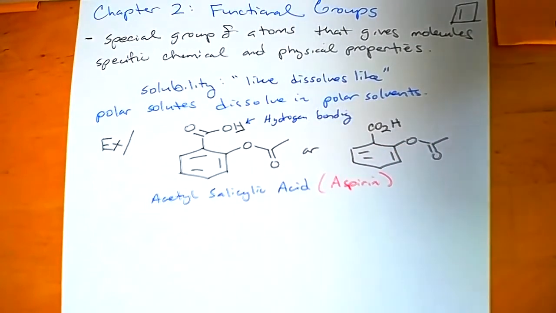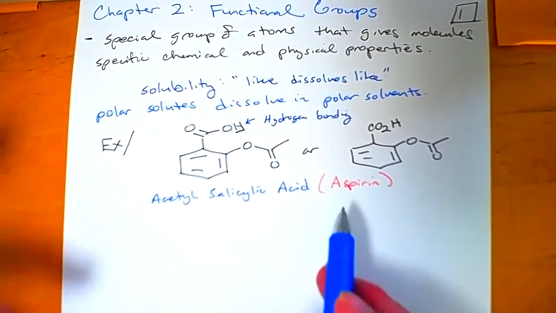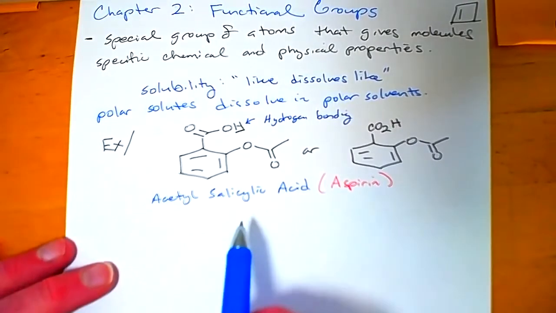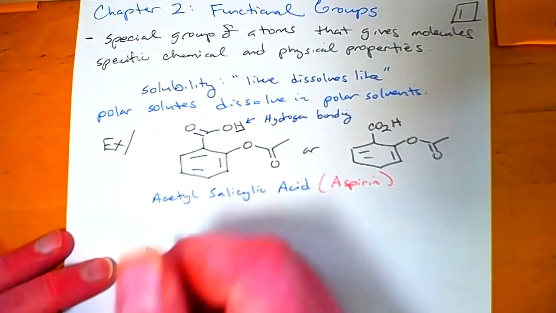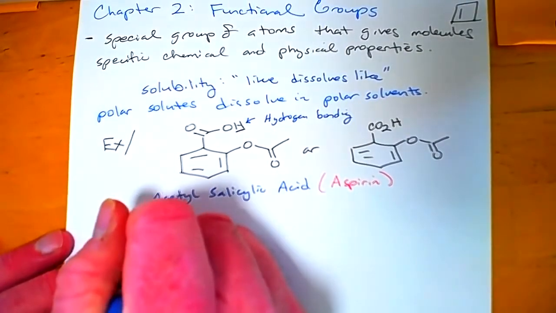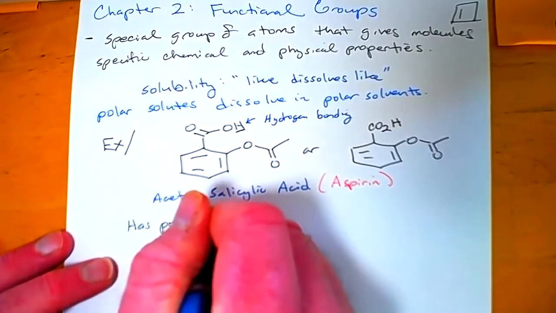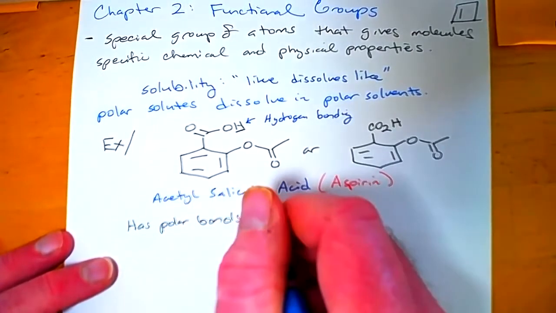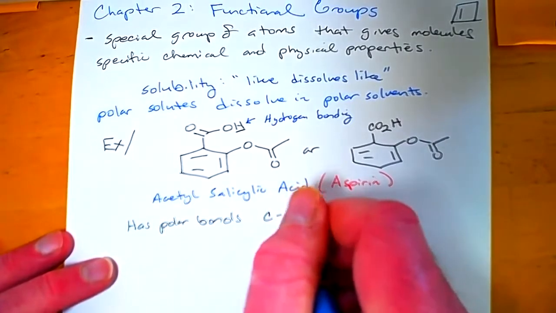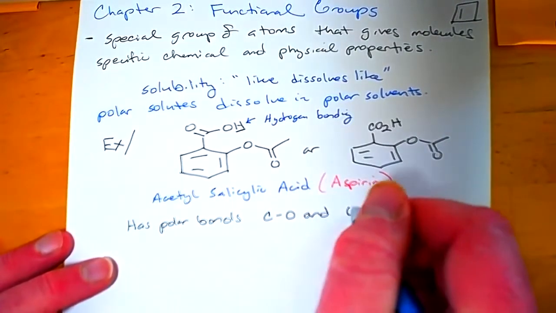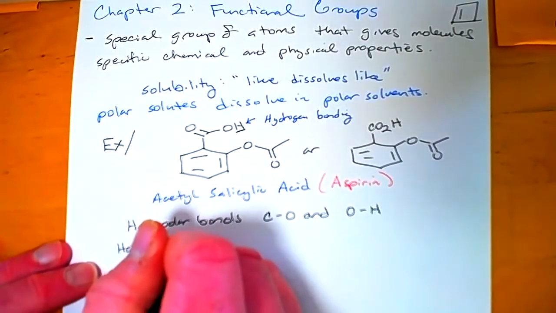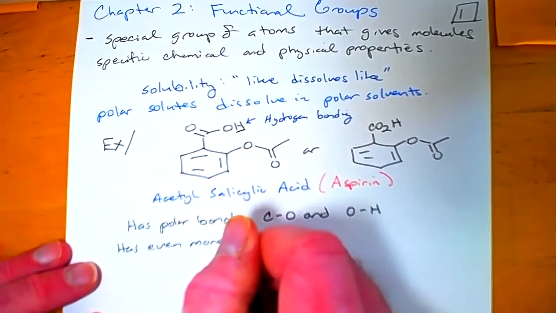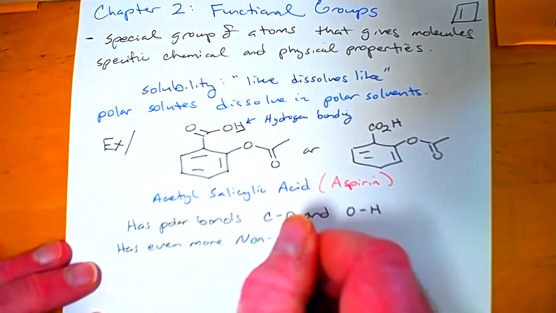Now, you may look at this and go, okay, it's polar, it should dissolve in water. Well, that's only part of the story. Even though it has polar bonds, meaning bonds like the carbon bonded to the oxygen and the oxygen bonded to hydrogen, it has even more non-polar bonds.